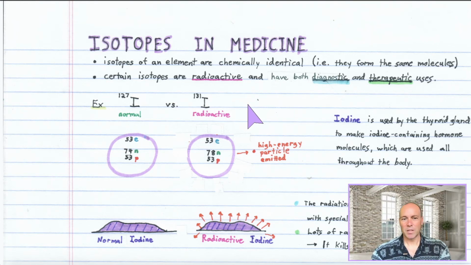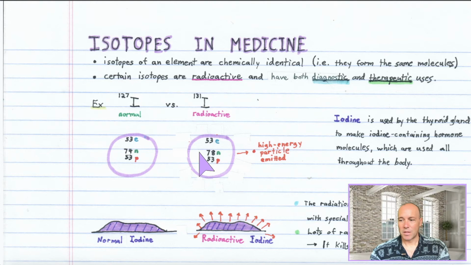As an example, let's look at the two isotopes for iodine that are listed here. The normal form of iodine is iodine 127. This is a non-radioactive isotope, but a radioactive isotope of iodine is iodine 131.